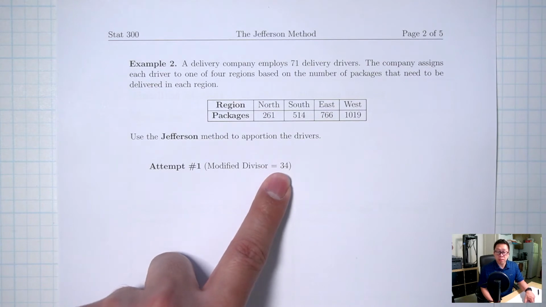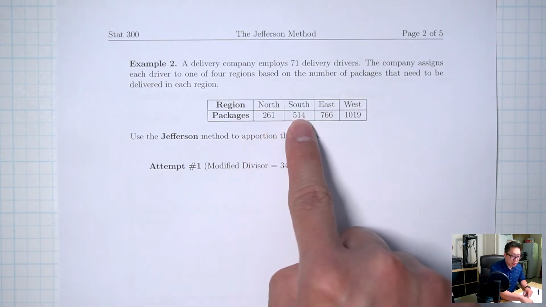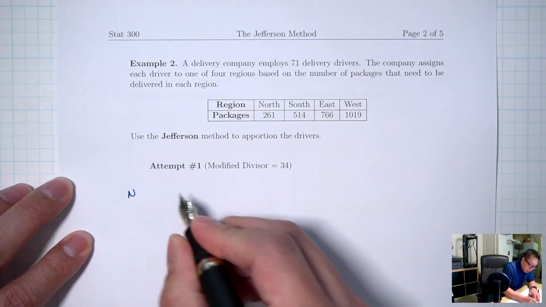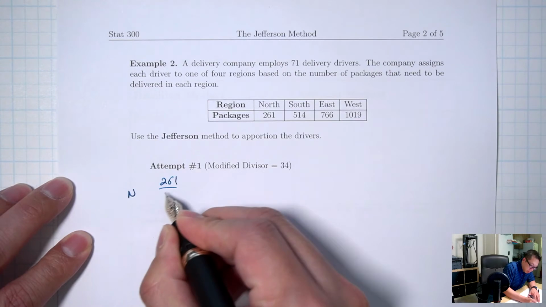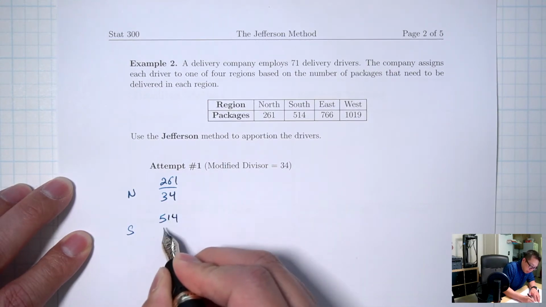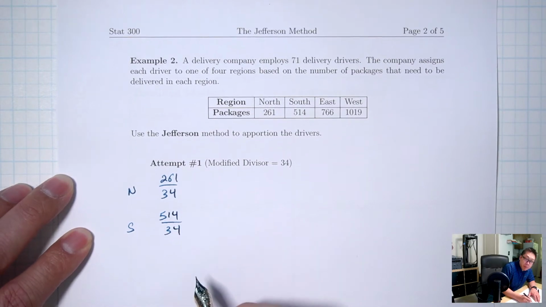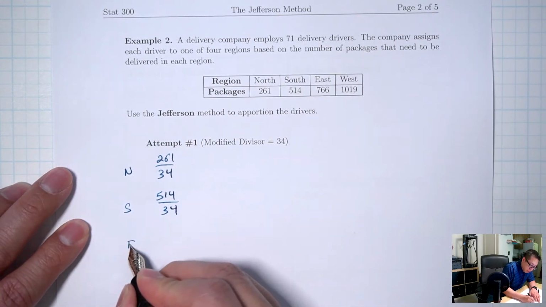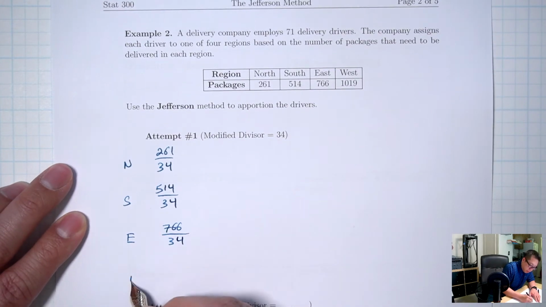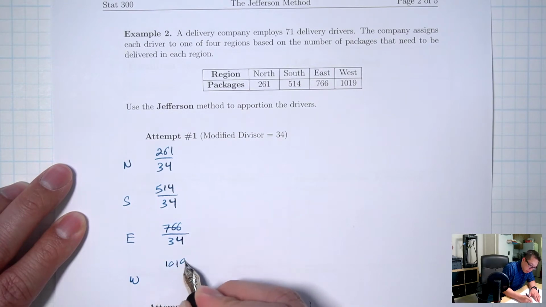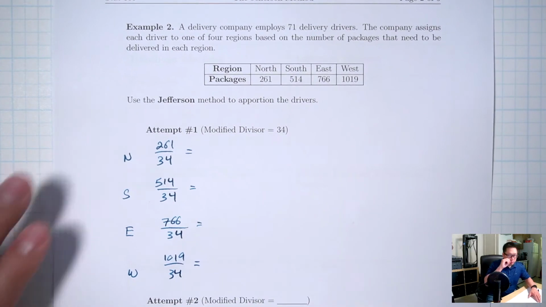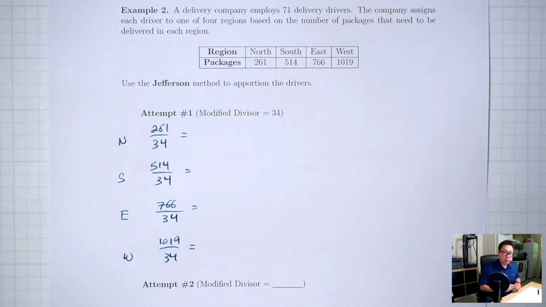So we're going to use this modified divisor and divide each of these package numbers by 34. All right, we'll use a calculator to divide, and then we're going to round down.